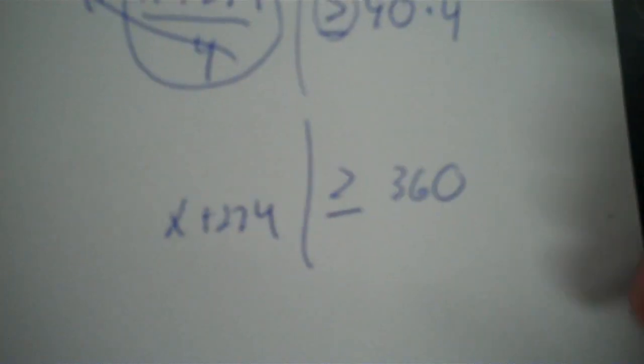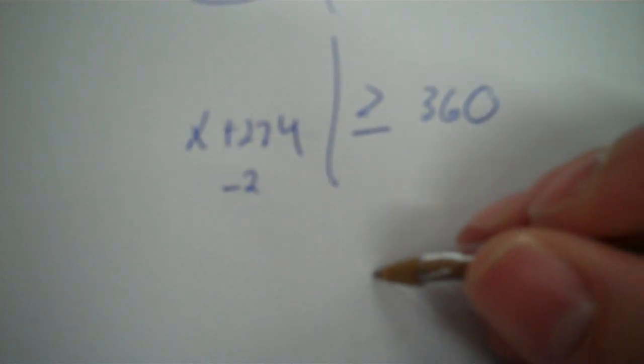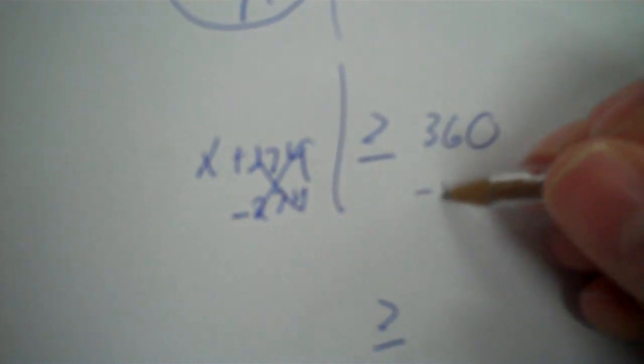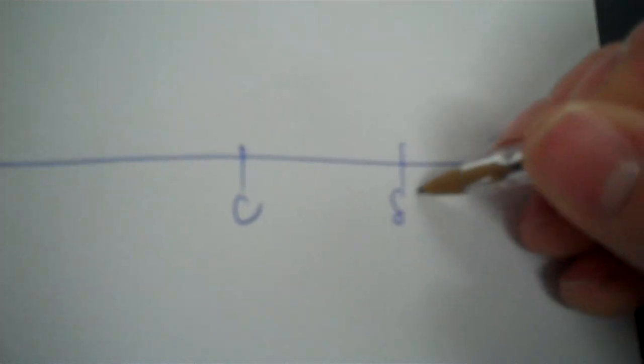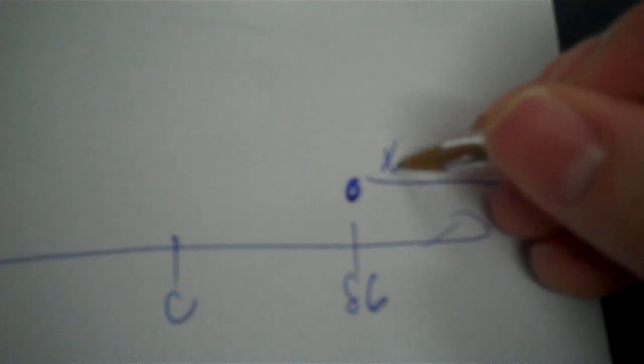Okay, then I just get rid of the 274 by subtracting 274, which doesn't flip the sign either. And that's 86, so x is greater than or equal to 86. Circle, fill it, greater than goes this way.